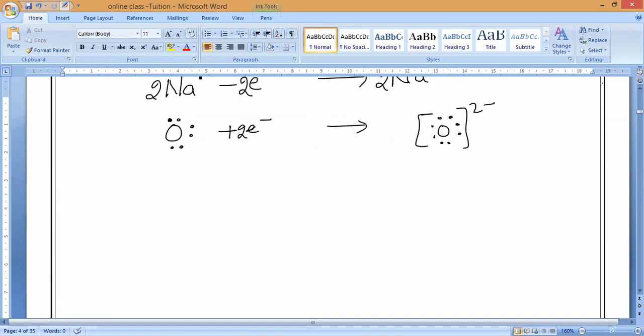So now, when you combine, what will come? You have to take 2 sodium atoms. One sodium atom has 1 dot, and another sodium atom also has 1 dot. Correct? Next, oxygen has 6 electrons, and these electrons will come here, like this.